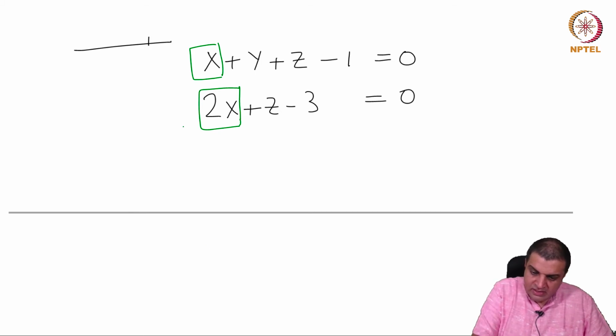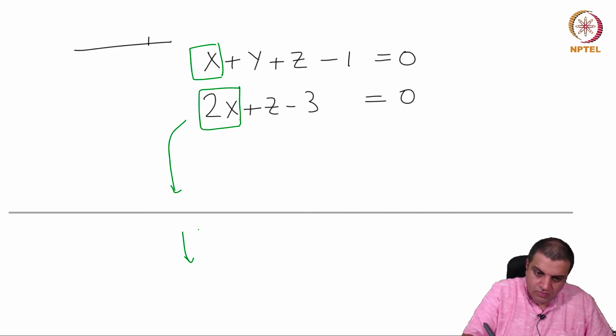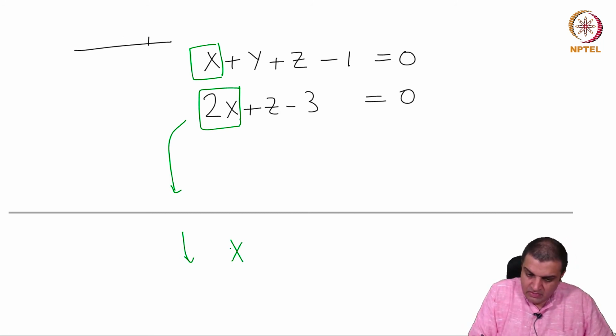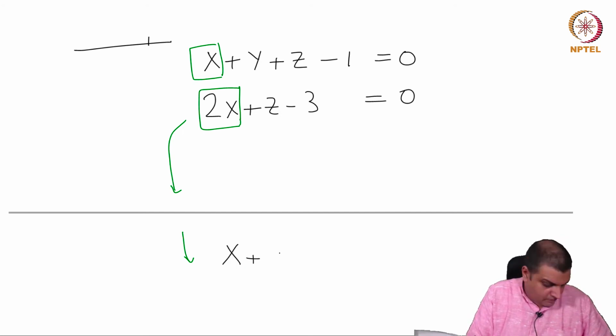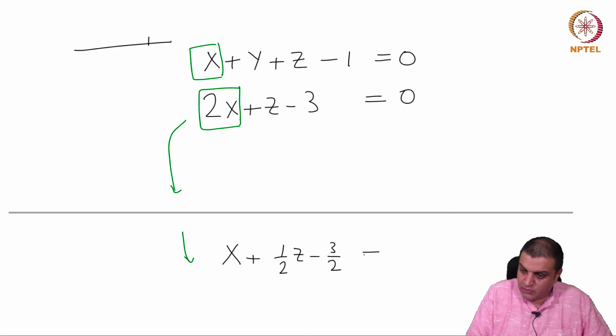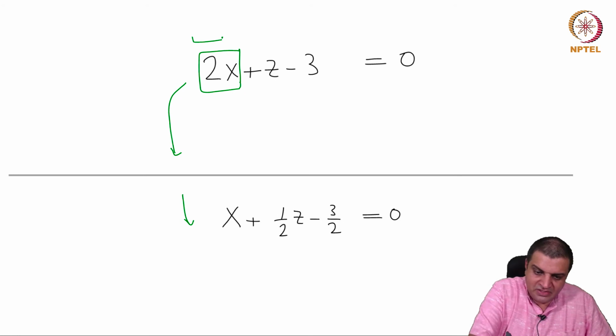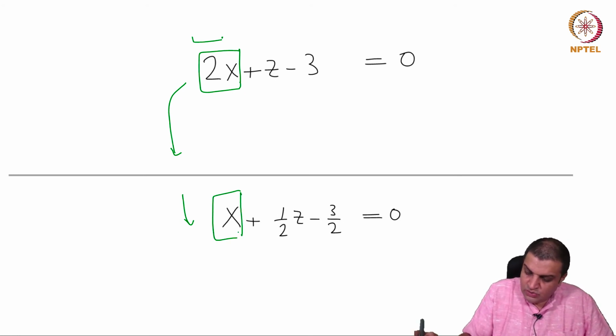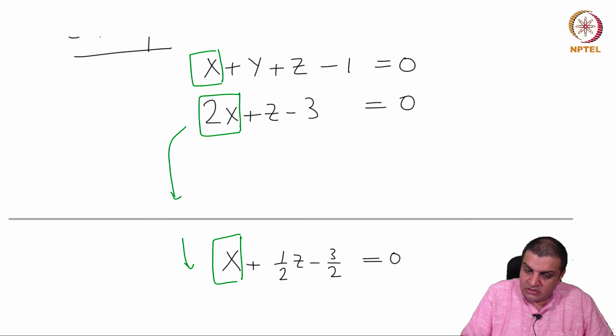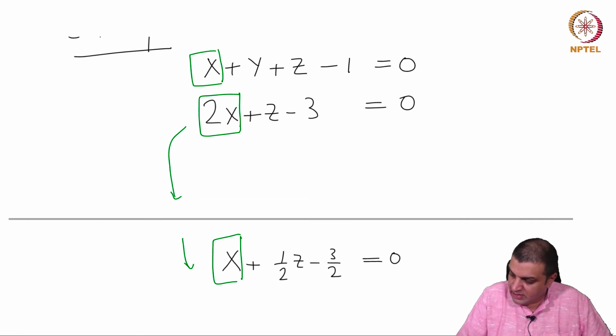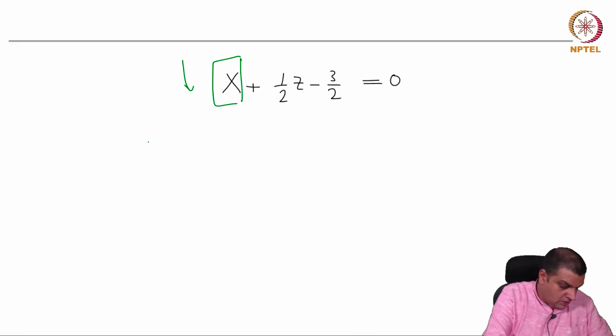So let's rewrite this as x plus half z minus 3 halves is 0. Okay, and the leading term doesn't change. So now the first and the third equation have the same leading term. Take the difference.